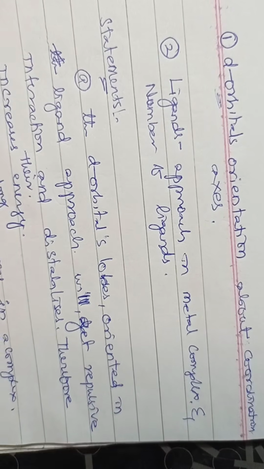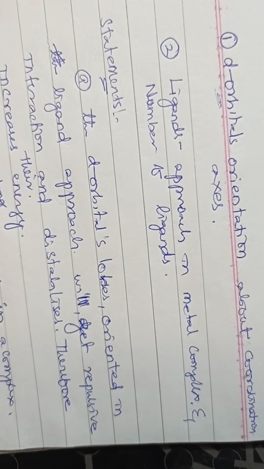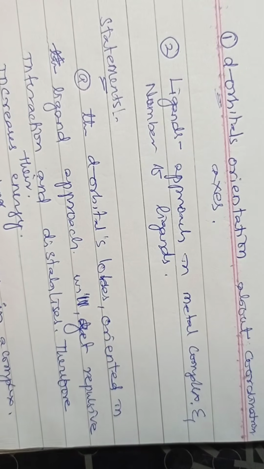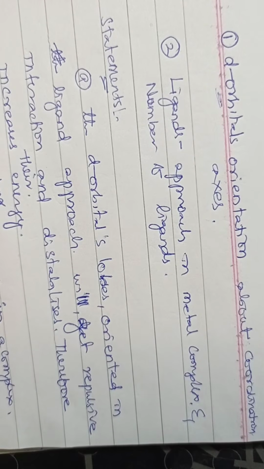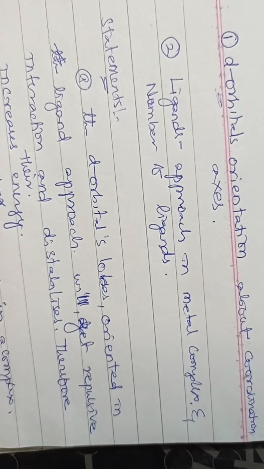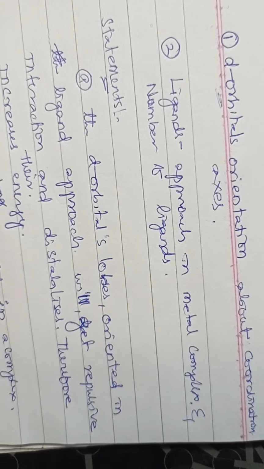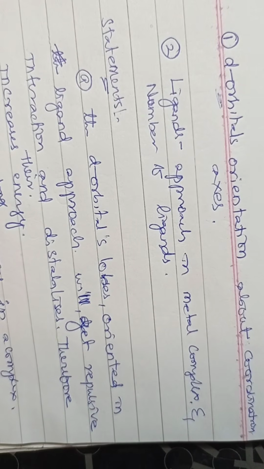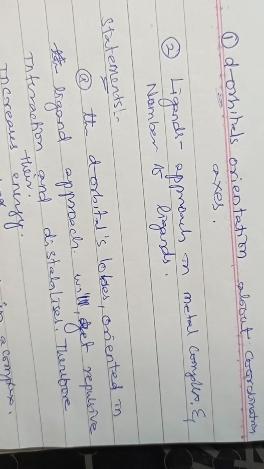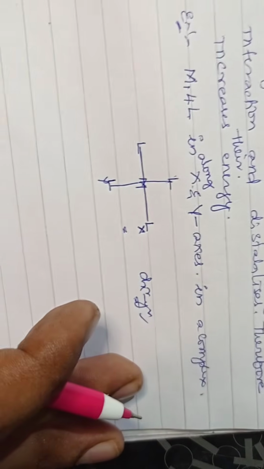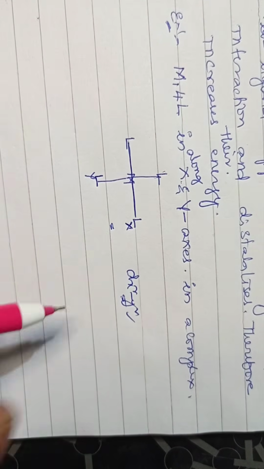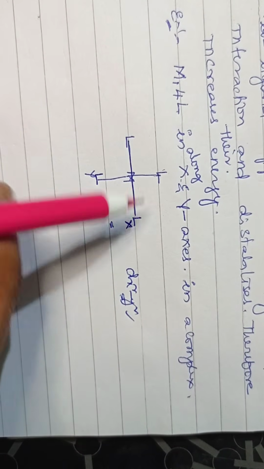Here, along each x-axis and y-axis we have 4 ligands, and in this complex consider the x square minus y square orbital, right?